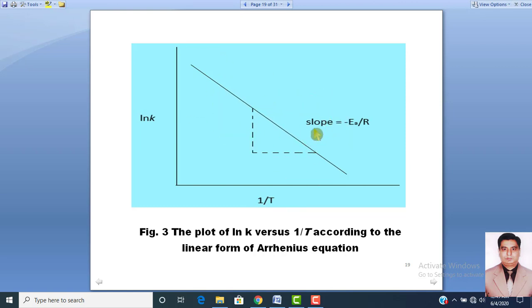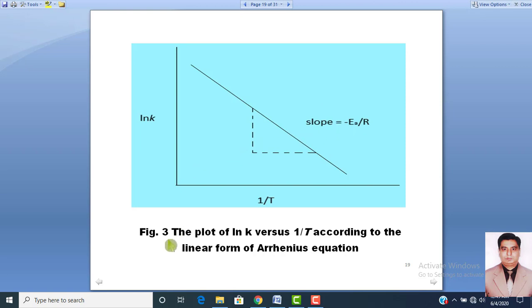And the slope of this line will be equal to minus Ea over R. Ea is the energy of activation, R is the universal gas constant, and this minus means that this value will be decreasing with the time.